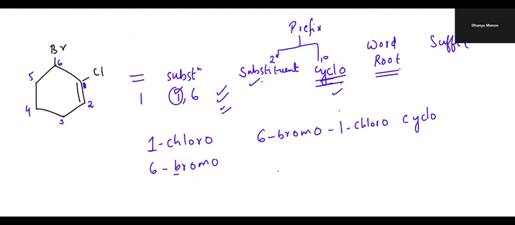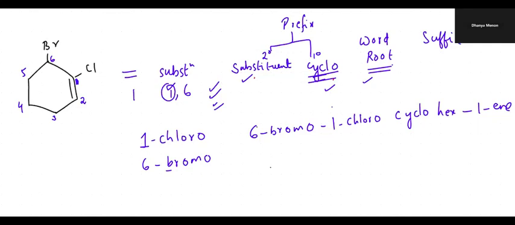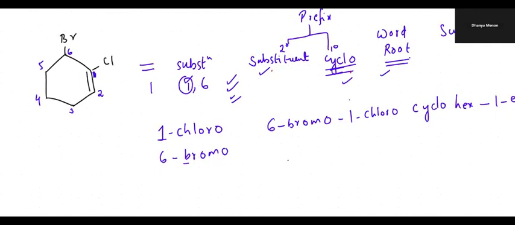What is the root word? The root word is hex. Then the suffix, that means double or triple bond, in which position? First position: 1-ene. This is how you name it. I hope I'm clear. Here you will not look at the sum. You will go by the first point of difference.